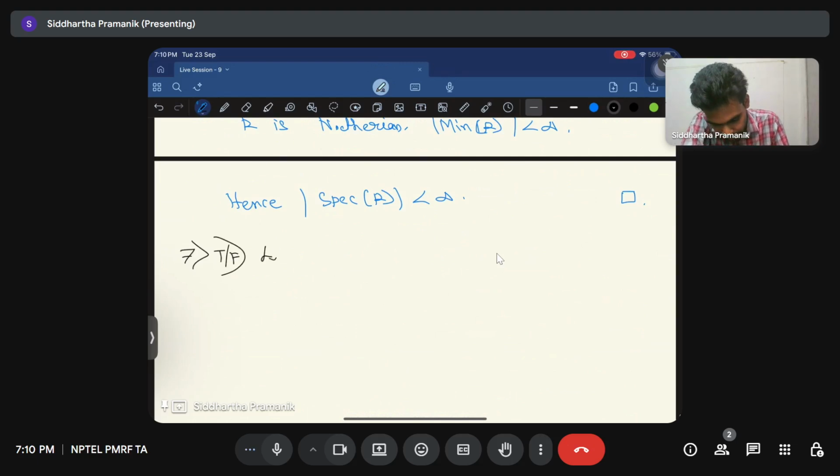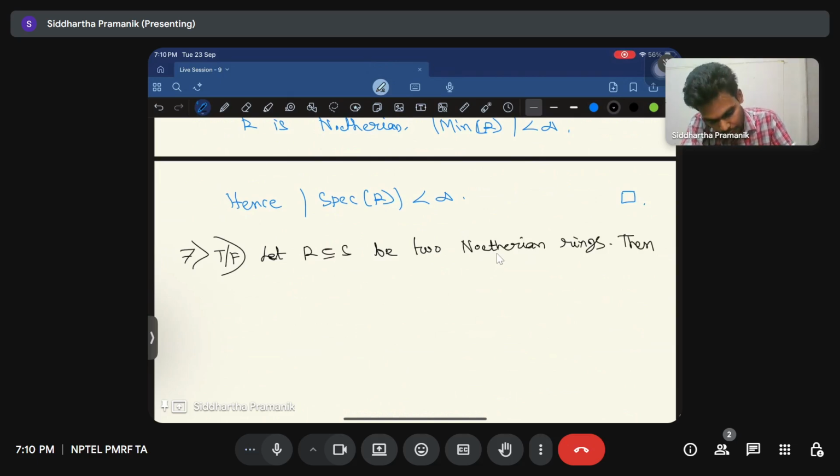So let R subset of S be two Noetherian rings.